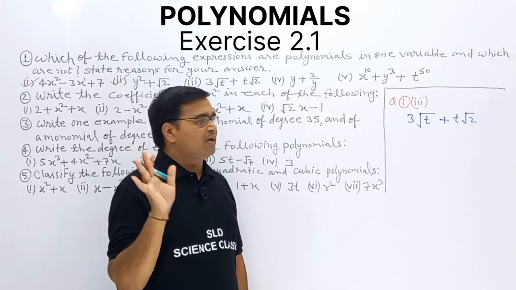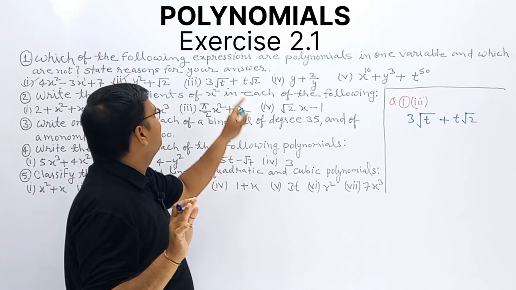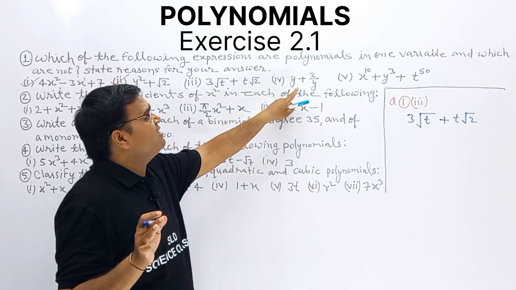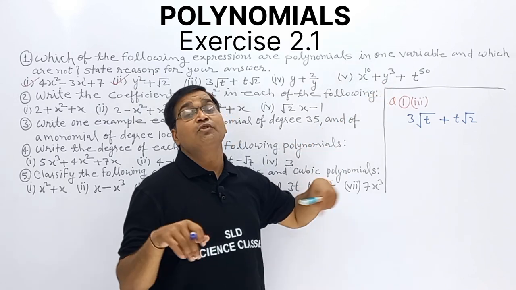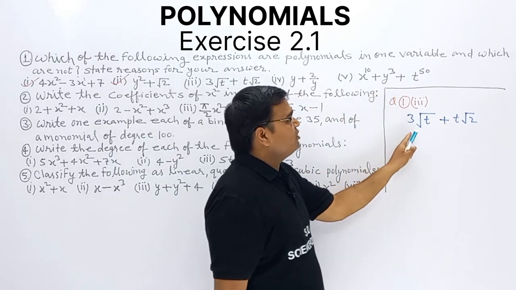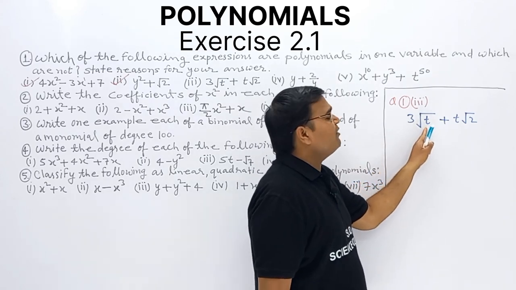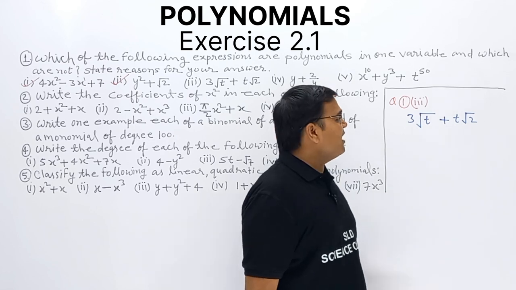In all these questions we are having a single variable. In questions 1 to 4 we have a single variable, but in question number 5 we have more than one variable, so we will discuss that later. First observe this one: 3 square root of t plus t times square root of 2.